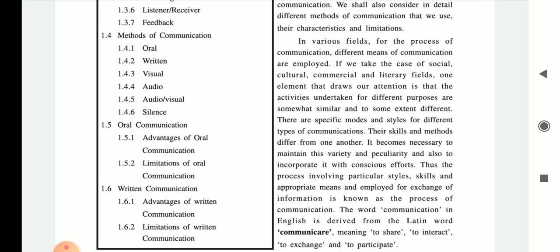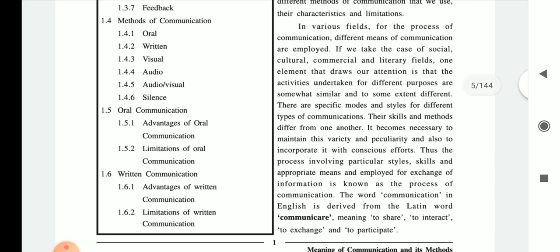See friends, in the social, cultural, commercial as well as literary fields, where you are going to study some topics and chapters, all are undertaken for different purposes and work in a similar way, or in some different way, to some different extent.